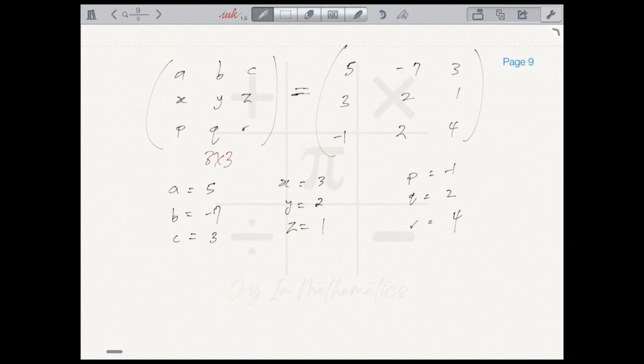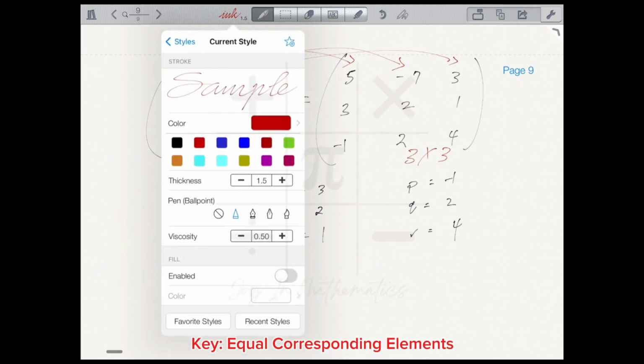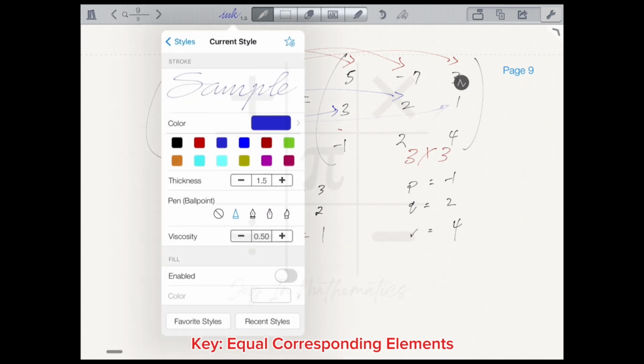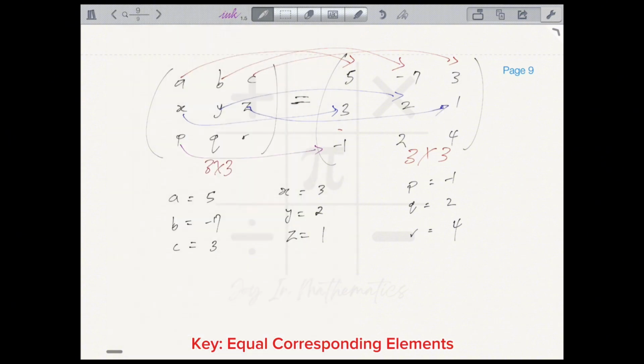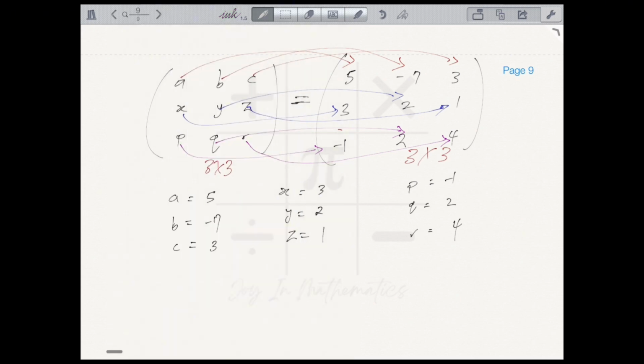This is a 3 by 3 matrix, and this is also a 3 by 3 matrix. So this is the joy of having equal matrices. That means they are of the same order, or rather, they are of the same dimension.